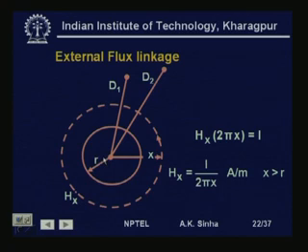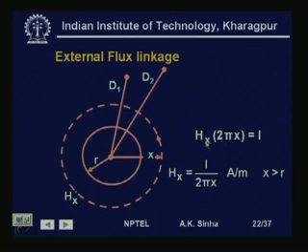Now, next we have to find out the flux linkages outside the conductor. Again for the same conductor, we have taken a point which is at a distance x from the center of the conductor, where x is greater than r.